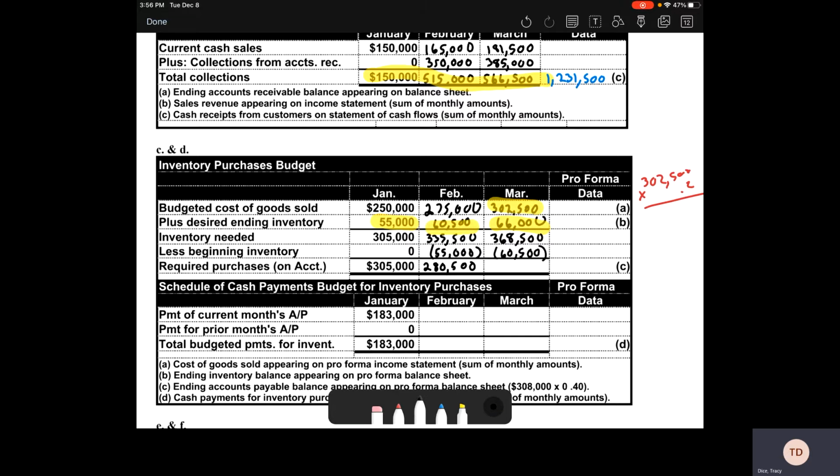So if we started out with 60,500, we need 368,500. When we subtract that, we end up with total required purchases of $308,000. All right, so that's our inventory purchases budget.